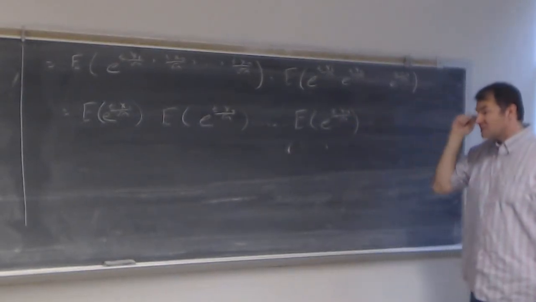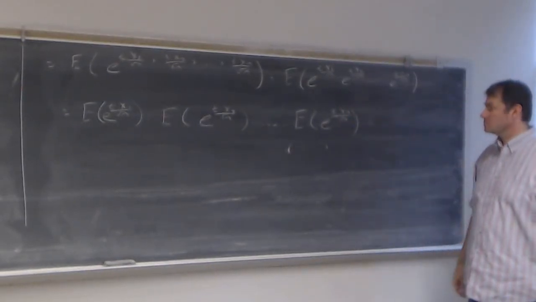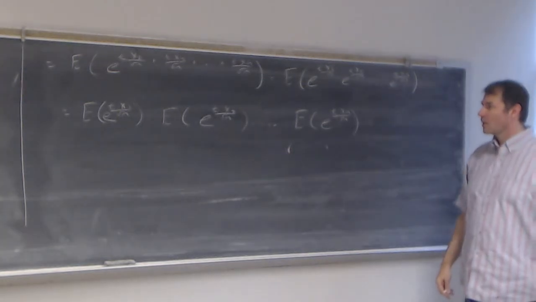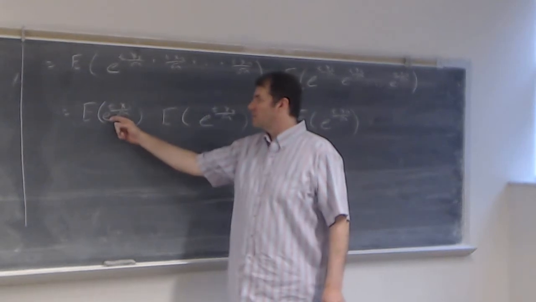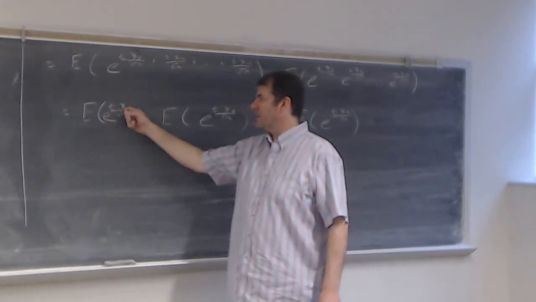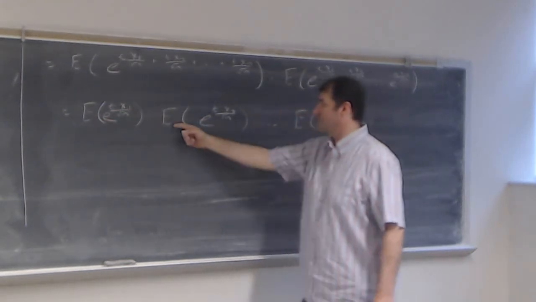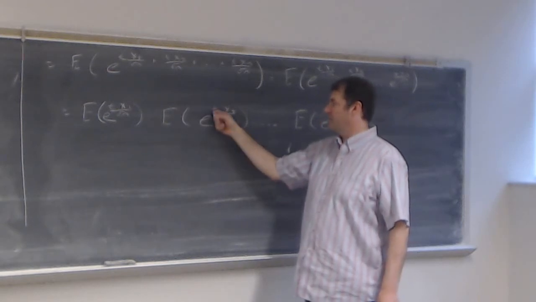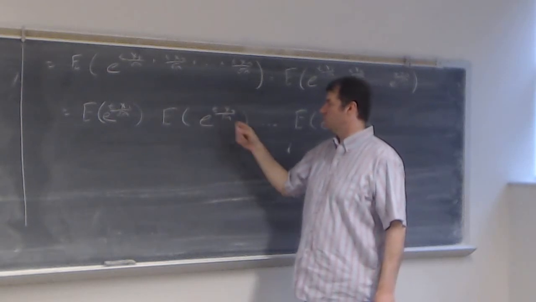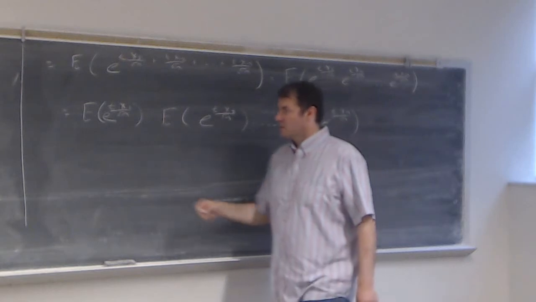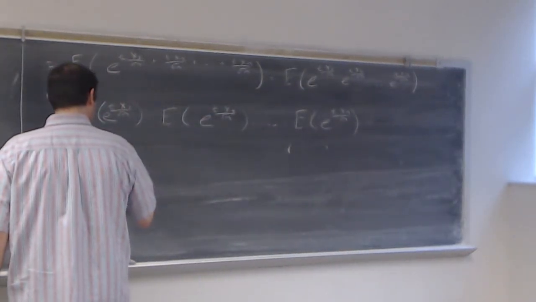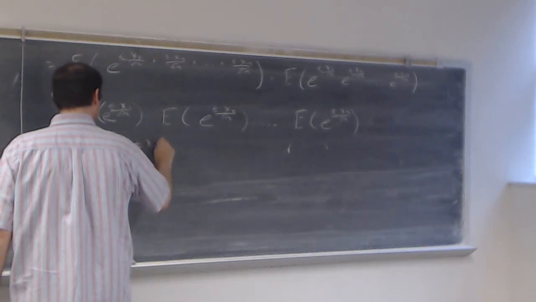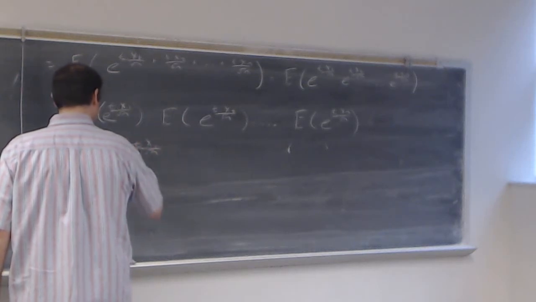Now, since they're all identically distributed, the expected value of e to the t X1 over the square root of n is the same thing as the expected value of e to the t X2 over the square root of n. So I'll rewrite this as nothing more than the expected value of just one of them, the expected value of e to the t X1 over the square root of n.